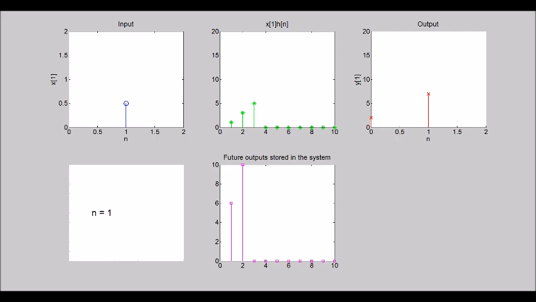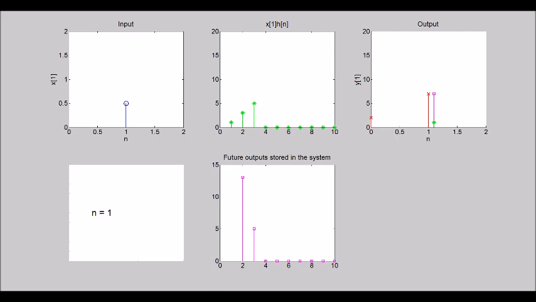What we get though is more than that, because we've also got the stored term from the previous impulse response. And so when we see on this graph here, our new output is actually made up of 2 components. So we've got one, the small green one, which is the first term in the impulse response due to the input that's happening now at n equals 1, and then a second purple term, which is the energy which is stored in the system due to the impulse that we applied at time step n equals 0.